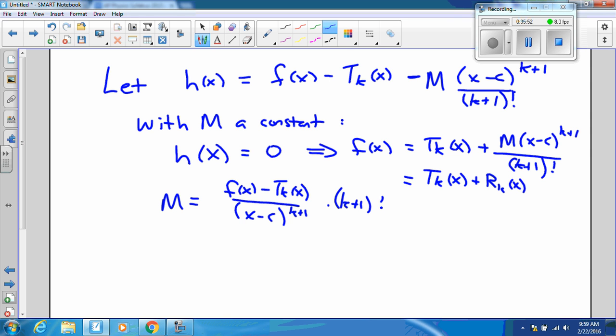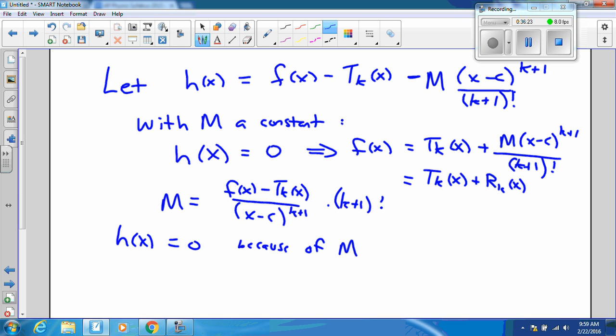And now we're about to do something really clever. Let's examine the values of h at c and at x. Well, h of x we already know. It is 0 because that's the way I picked M. We picked M to force h of x to be 0.